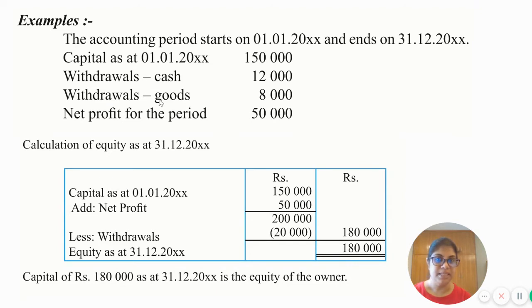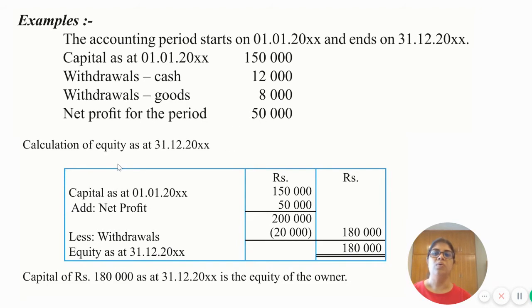So simply these two withdrawals are known as drawings. This 12,000 which is in the form of cash, and this 8,000 which is in terms of goods or stocks of the business, both can be considered as one figure, and we will name it drawings by the owner. Then the net profit for the period will be 50,000 rupees.